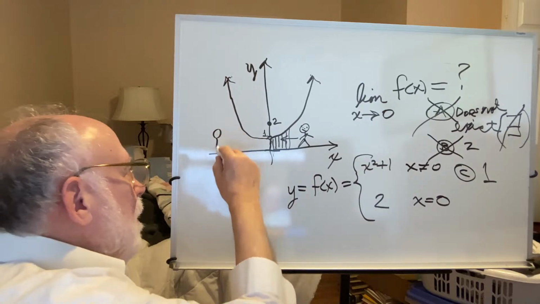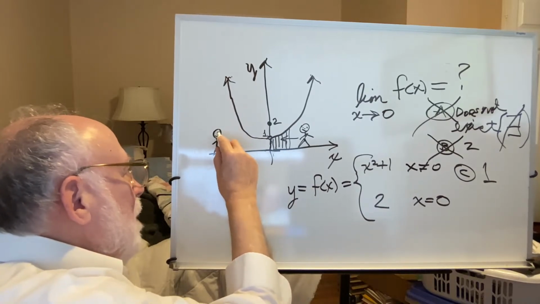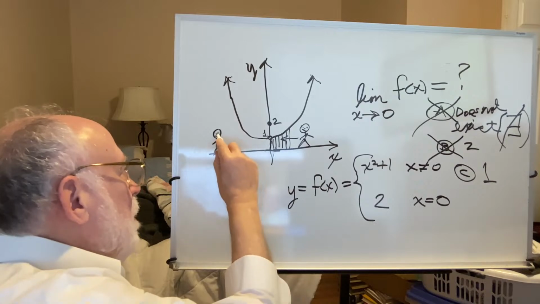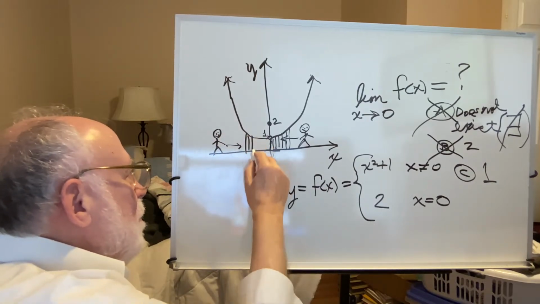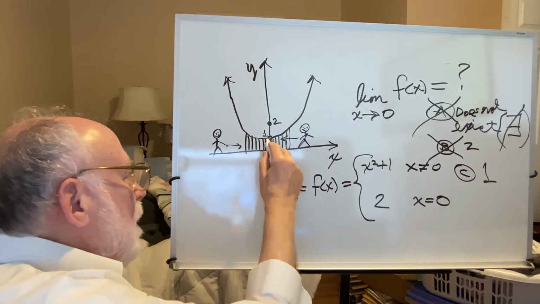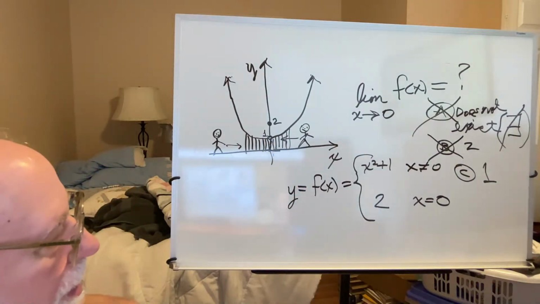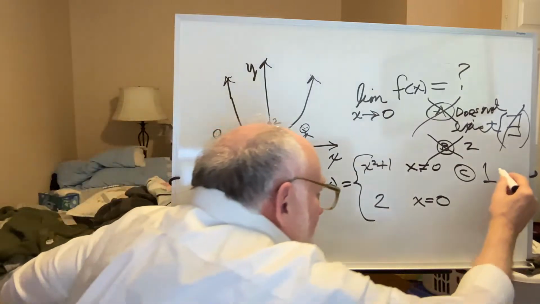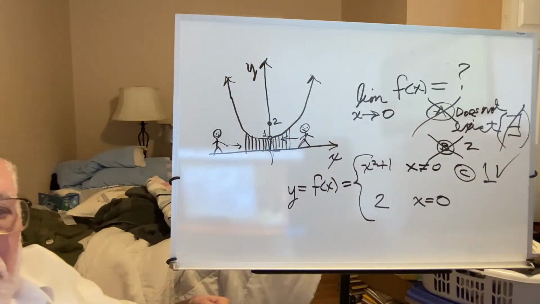And this guy here, his shadow man, is more pleased. Shadow man also sees from this direction, the y value is also approaching 1. So that's your winner. Your winner is 1.